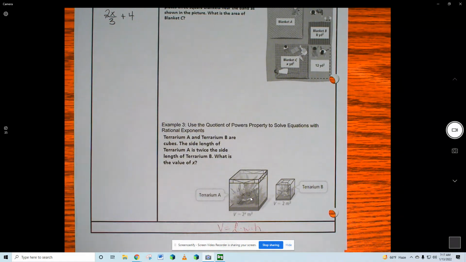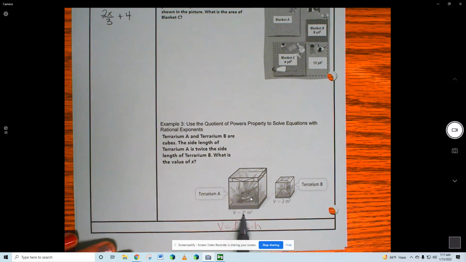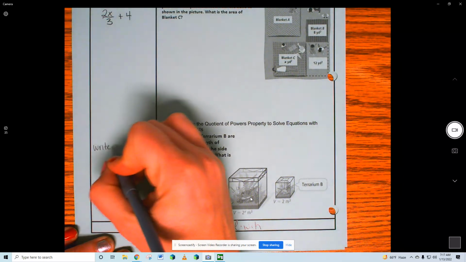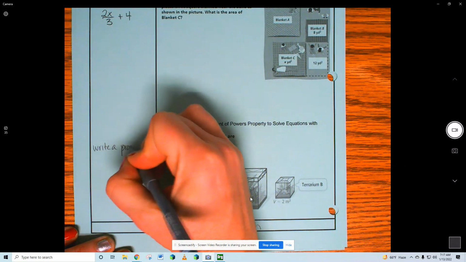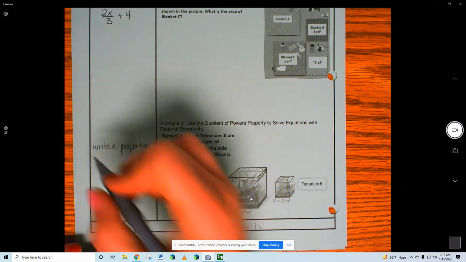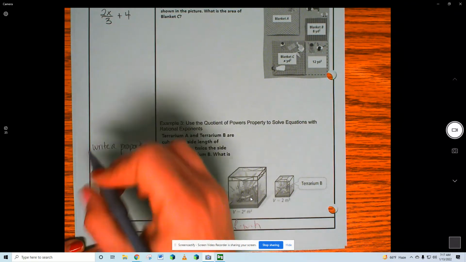So here's the equation I'm going to write. One of the volumes is, so we're going to write a proportion. So I'm going to get 2 to the x. One of the sides is 2 to the x, or the volume is 2 to the x.